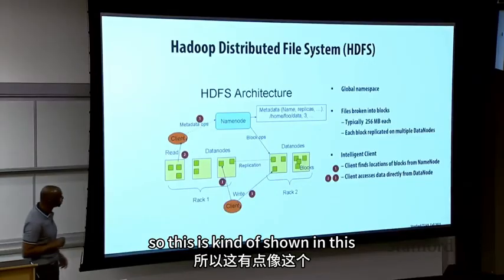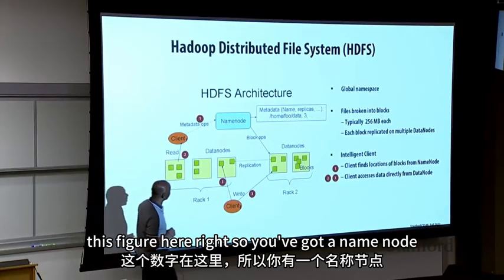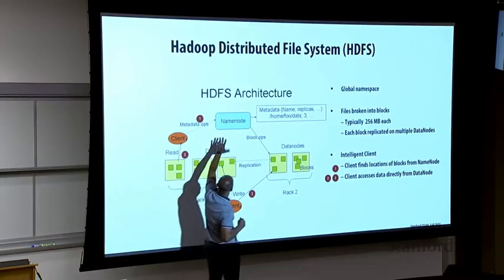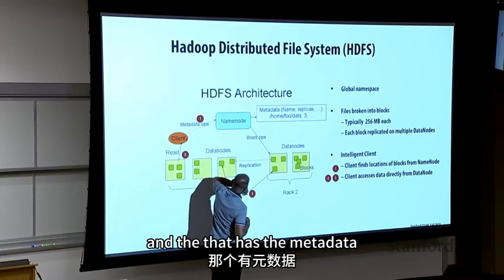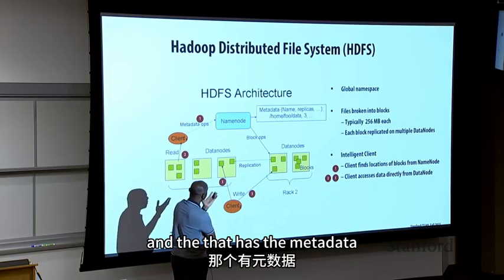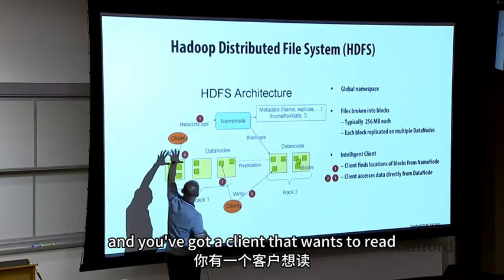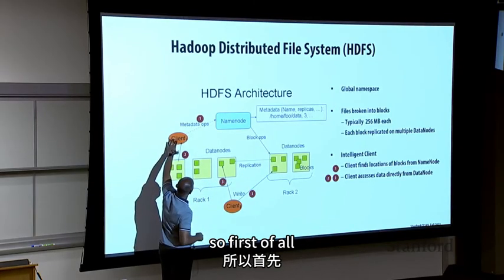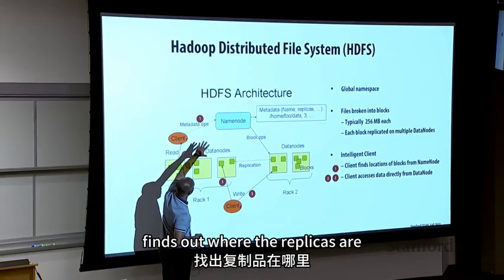So this is kind of shown in this figure here, right? So you've got a name node or the master node, and that has the metadata, and you've got a client that wants to read. So first of all, it goes to the name node, finds out where the replicas are.